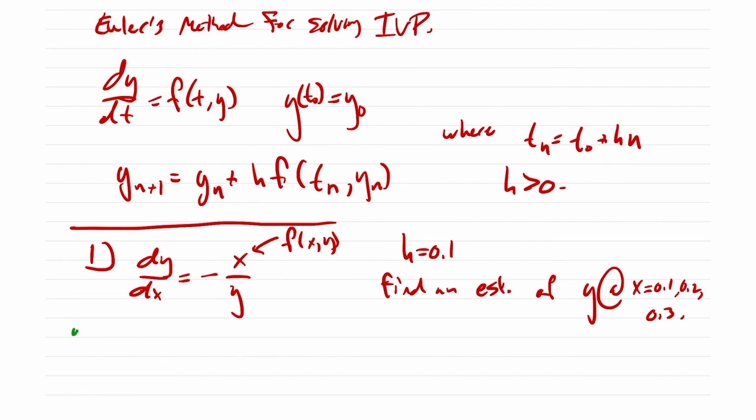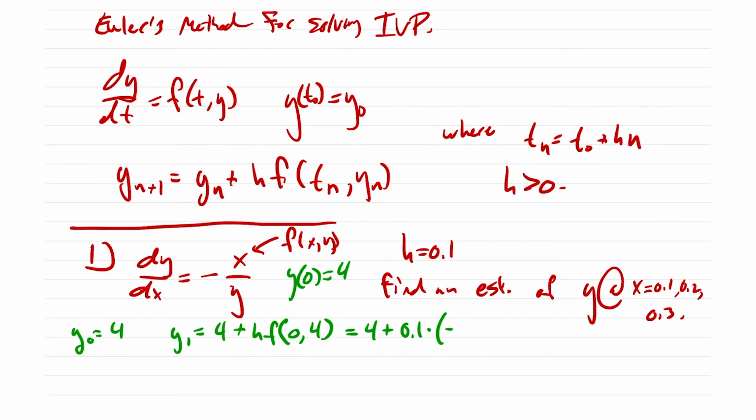So here we say y of 0. Actually, we need that. The problem says y of 0 is equal to 4. So y of 0 equals 4, and then y_1 is going to be 4 plus h times f of 0, which is where we started, and I'm going to put 4 in for y. So that's going to be 4 plus 0.1 times negative 0 divided by 4, right?